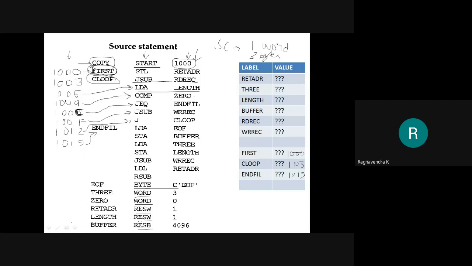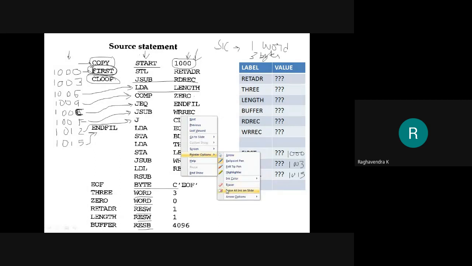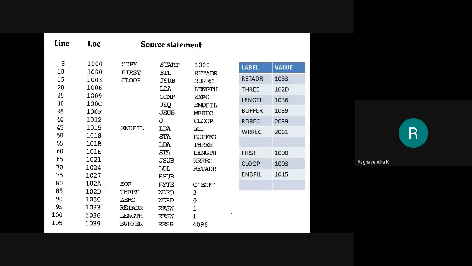is BUFFER. Okay, and the values that will be assigned for all labels would be something like this. Can you observe the values that have been assigned for all the labels in the program? So observe, just forget about the first line because we have just repeated the same address. The first instruction started at 1000, then plus 3 we added. Why did we add plus 3?